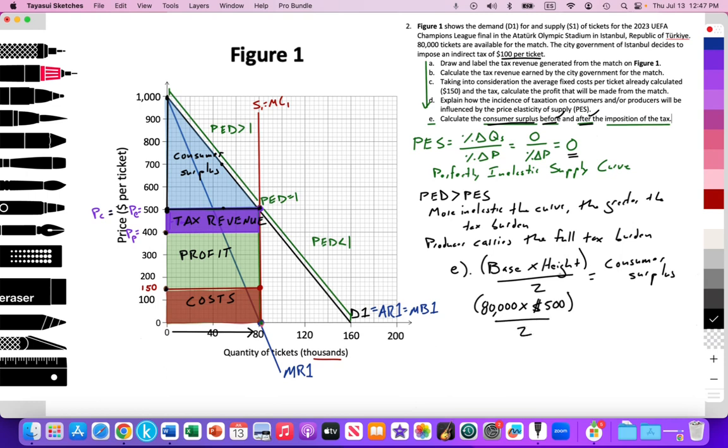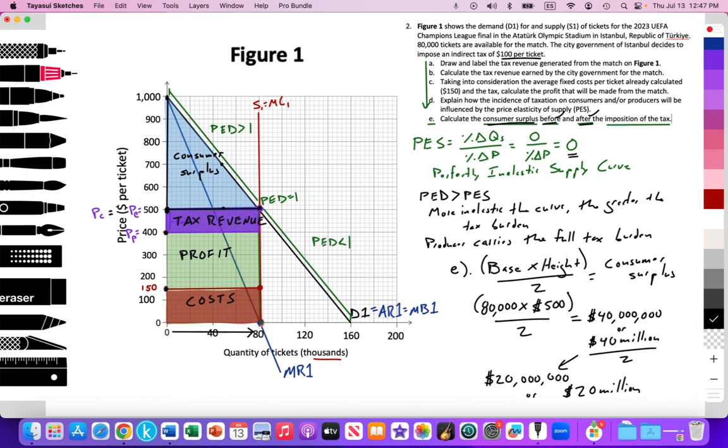So 80,000 times 500 is going to be about 40 million. But then we have to divide that by 2, and so that will equal 20 million. So there is our consumer surplus.